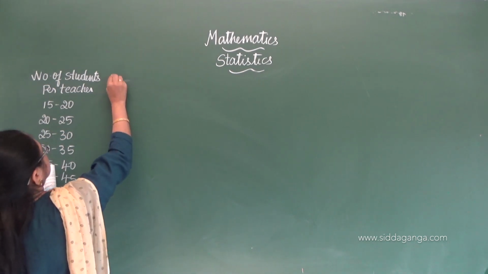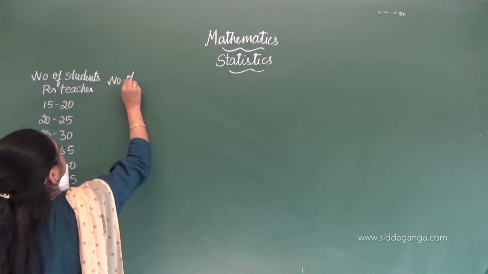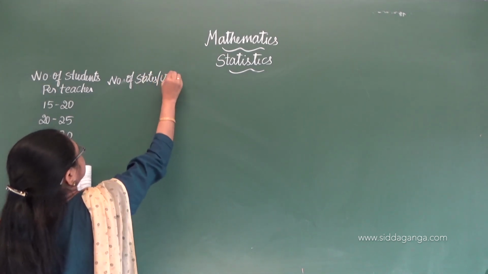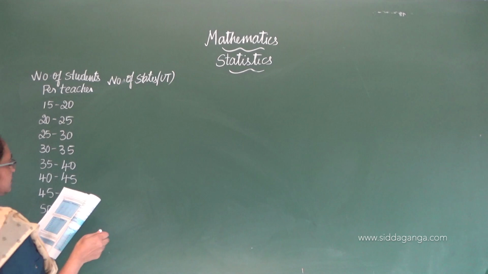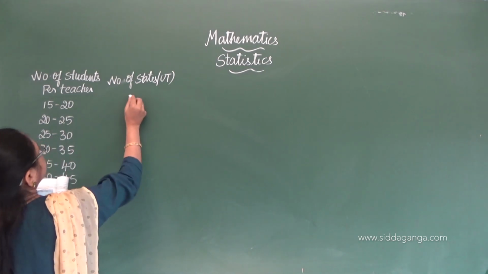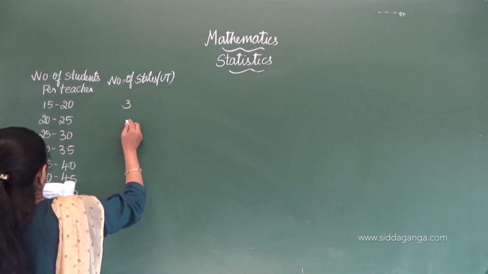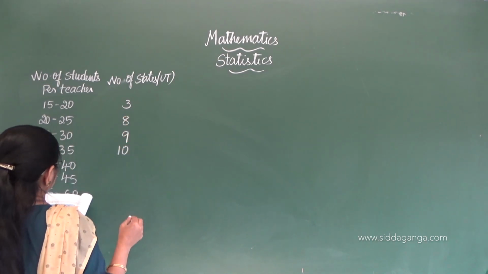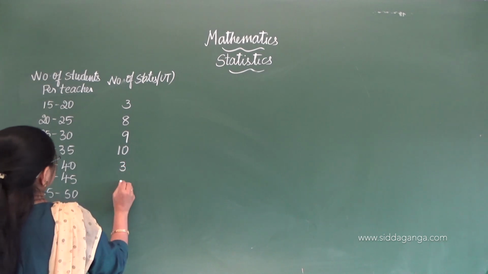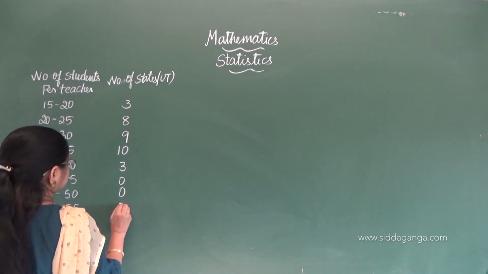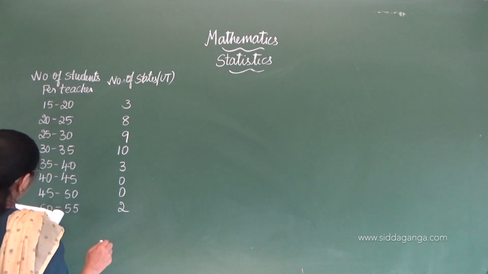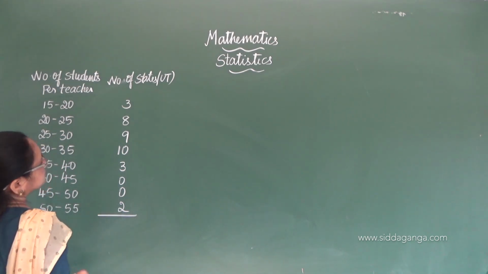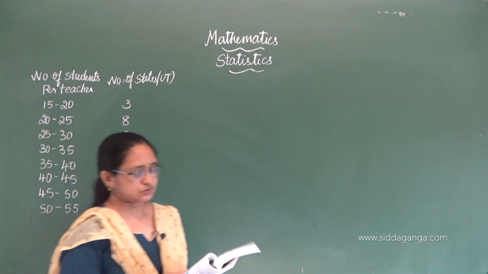Next, number of states or union territories: 3, 8, 9, 10, 3, 0, 0, 2. They have not given the frequency here, so let us find it out.